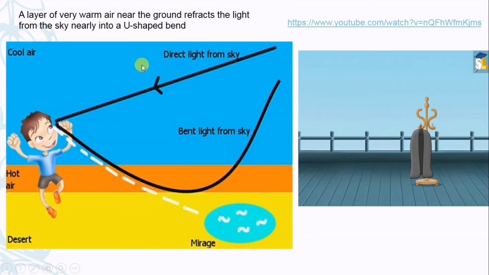So let's see here together. Let's say that the light is coming from the sun. This group of light is coming directly to your eyes. You see it normally, but this group of light is going from the sun to the sand, and on a hot day, the sun heats the sand, and the sand becomes very, very hot, and it heats up the layer above it.